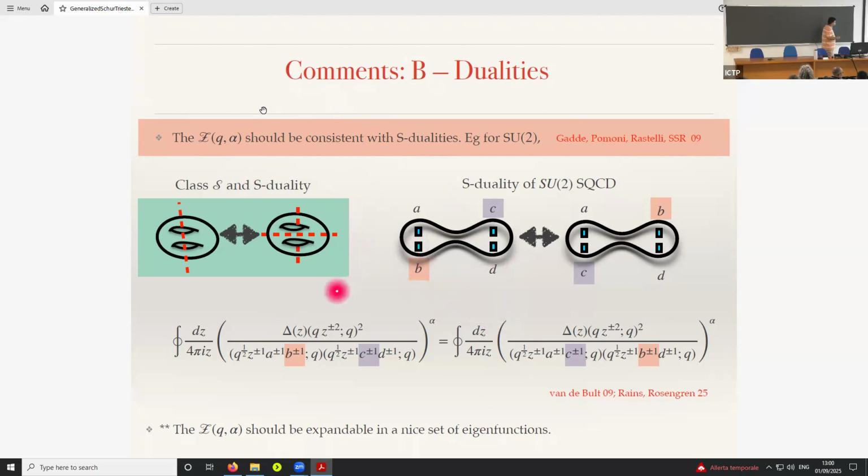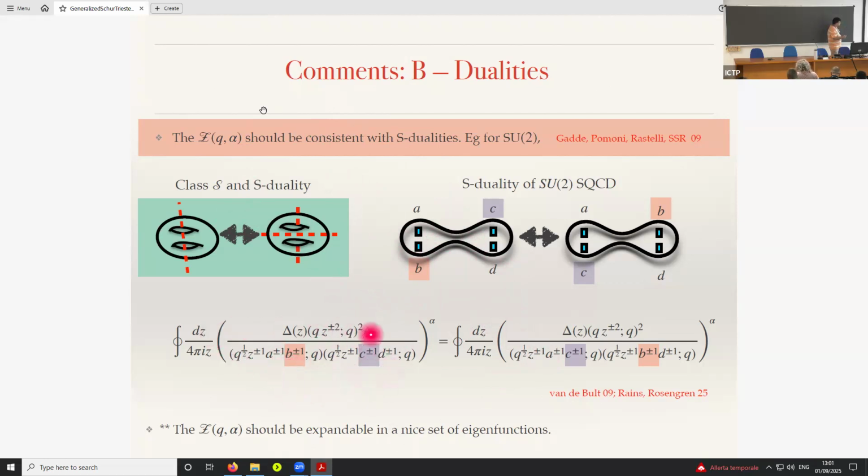For example, this SU2 SQCD that we have discussed corresponds to compactification on a 4-punctured sphere of A1 (2,0) theory. And that has certain dualities where you exchange punctures in a particular way. In the index computation, that means that you can exchange certain parameters for SU2 symmetries in the index.